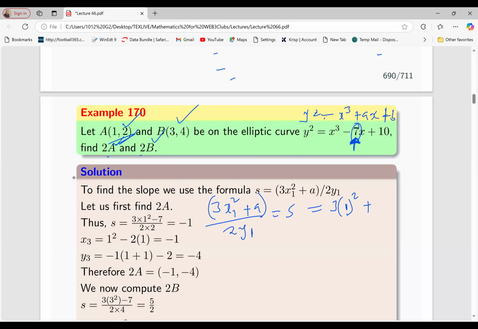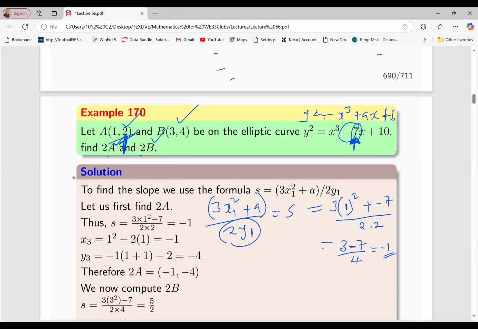So our A is -7. Then out of 2y, y is 2. It is 2y1. So this gives you 3 minus 7 out of 4, which is -1.